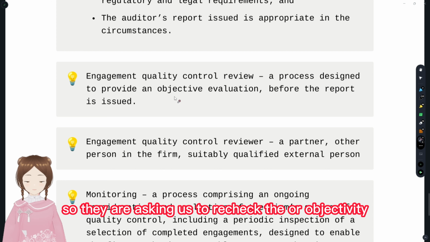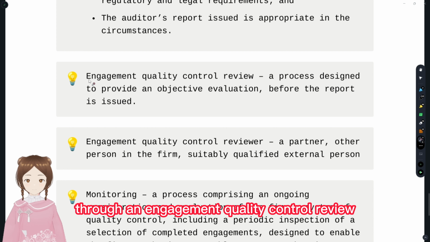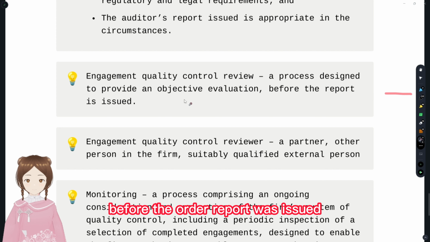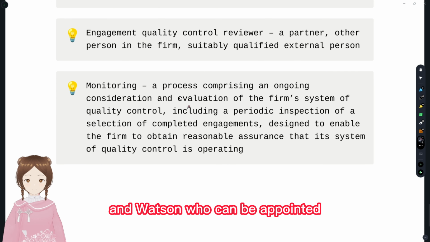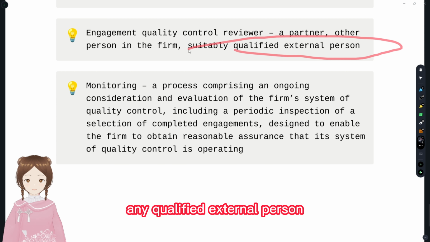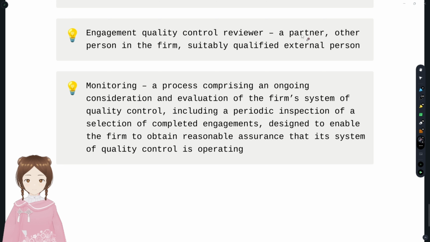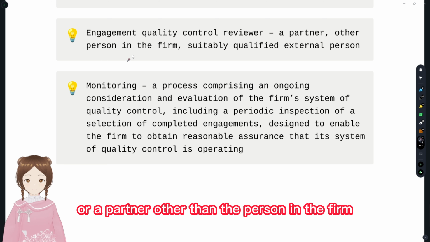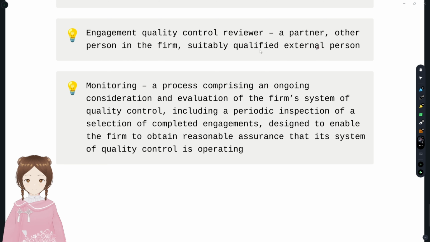So they are asking us to recheck our objectivity through an engagement quality control reviewer before the audit report is issued. And who can be appointed as an engagement quality control reviewer? Any qualified external person or a partner other than the person in the firm.